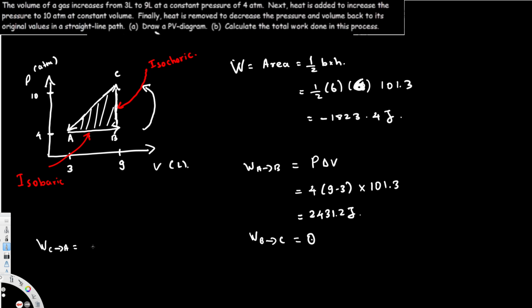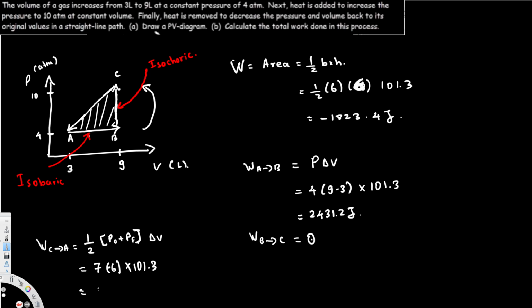We are going to calculate the average pressure, that's half of P initial plus P final, multiplied by delta V. P final is 4, P initial is 10, so 10 plus 4 divided by 2 is 7, multiplied by delta V, the volume difference. The volume is final minus initial, so delta V is negative 6, times 101.3, right?